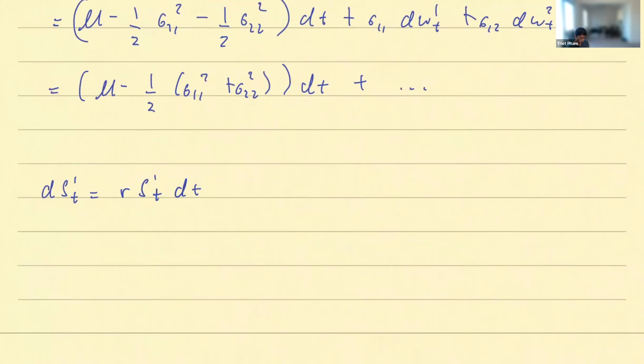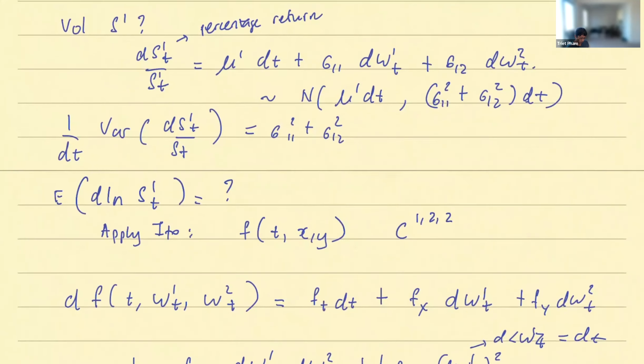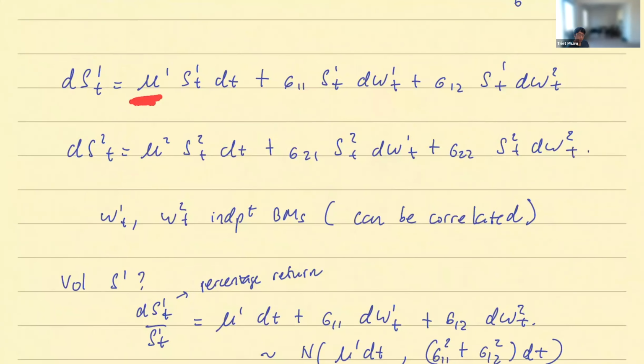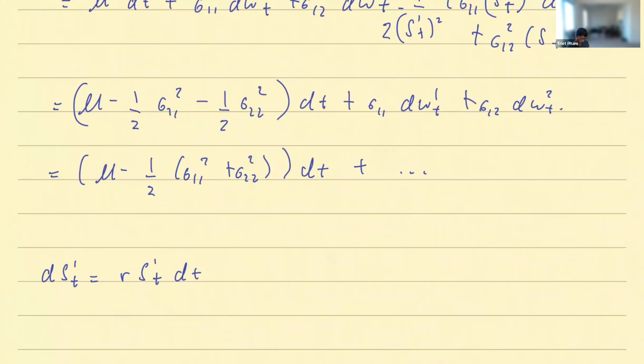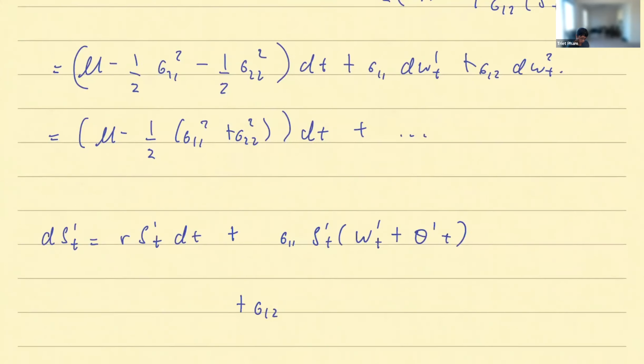Now, of course, we start out with a mu_1, so we need something like this: sigma_11 S_1t (W_1 plus theta_1 times t) plus sigma_12 S_1t (W_2 plus theta_2 t).